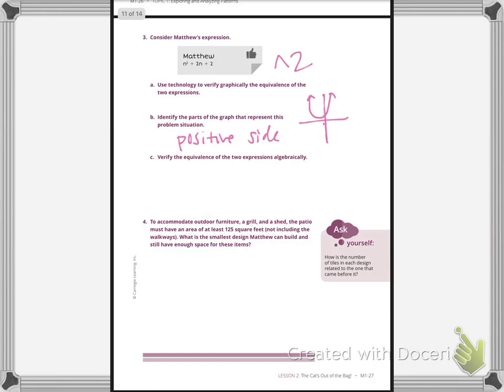Okay, verify the equivalence of the 2 expressions algebraically. So in the last person's, we had n plus 2 squared minus 2 times n plus 1. And then we have Matthew's, which was n squared plus 2n plus 2. Okay, remember squared tells me I have to write it out twice. N plus 2, n plus 2, and then I have to distribute.